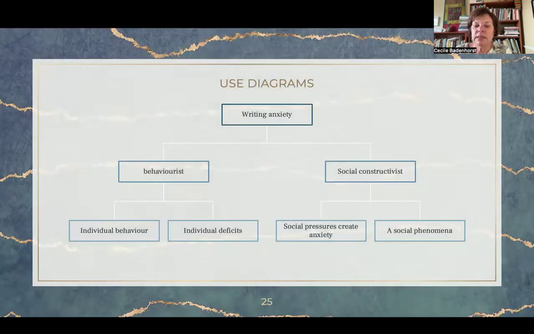So again, using diagrams to organize and sequence your thinking. They don't have to be as neat as this. I'm just using the tools that come with the PowerPoint. But you can make them messy. I would prefer handwritten diagrams because I think they allow you to think more freely.